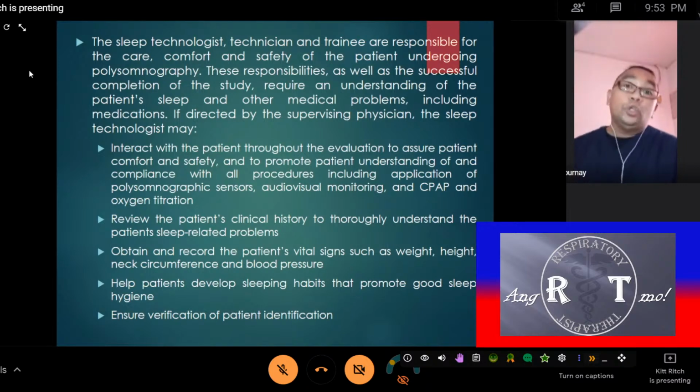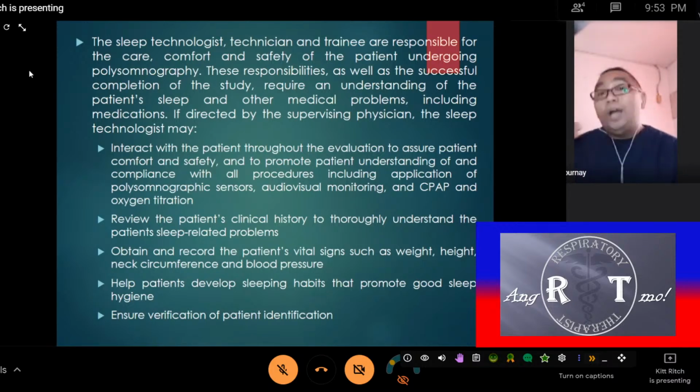So you need to talk to them and have them be aware of what the purpose of the sleep study is. Aside from that, you need to review the patient's clinical history to thoroughly understand the patient's sleep related problems, because you're not only there to do the sleep study and put on all the electrodes.